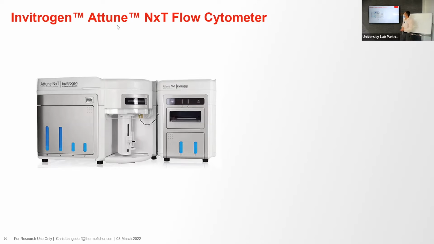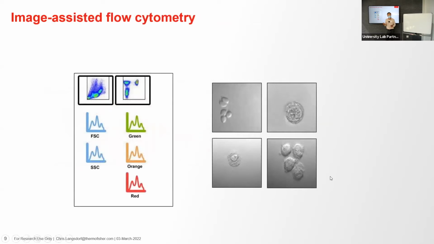All right. So essentially with flow, our readouts are dots or squiggly lines, right? This is what we look at on a screen. A squiggly line is a fluorescence histogram that tells us the number of cells that are a certain brightness.